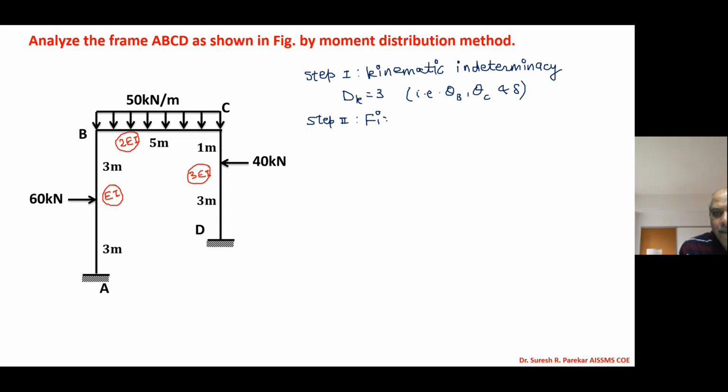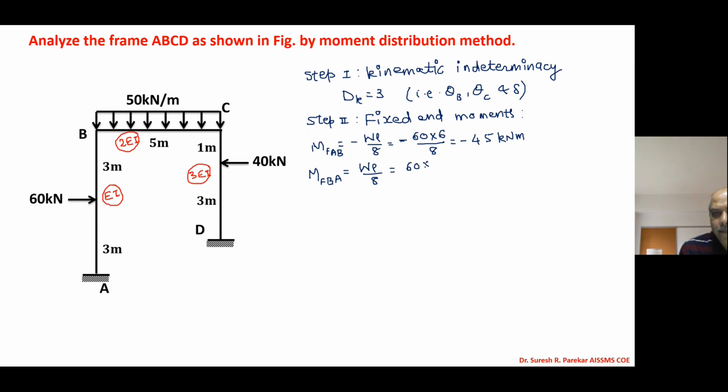fixed end moments. So we have MFAB equal to minus WL by 8, MFBA equal to WL by 8, so we have 45.